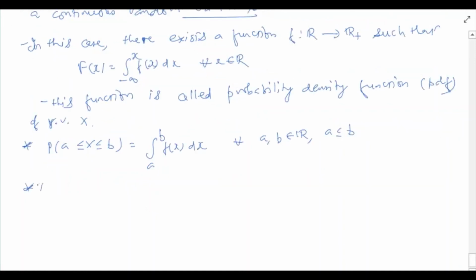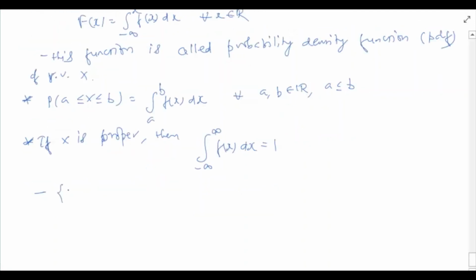If the continuous random variable x is proper, then clearly the integral from minus infinity to infinity of f(x) dx is 1. The collection of values at which f(x) is strictly positive is called the support of the PDF f, or often called the support of the random variable x.